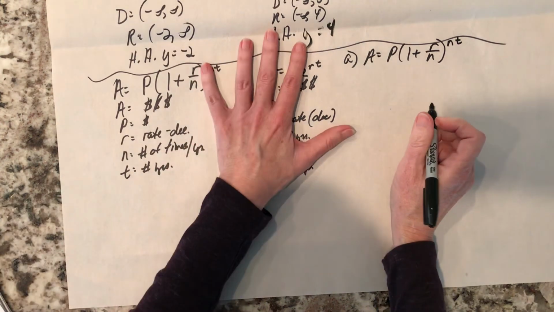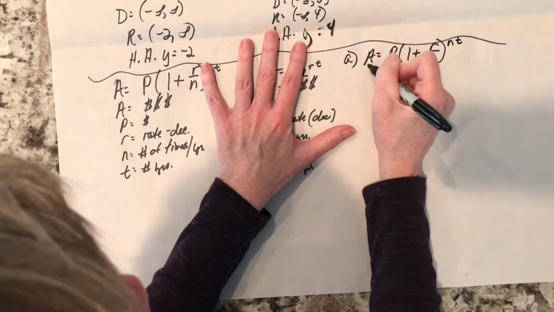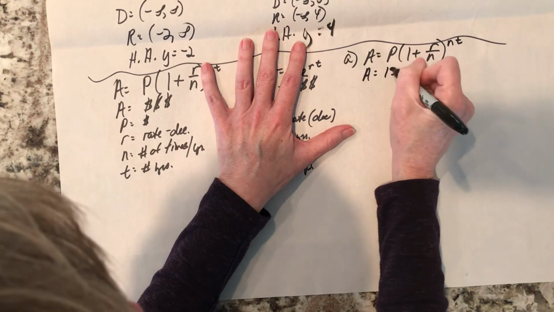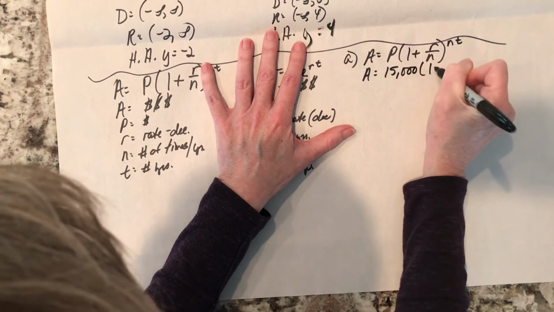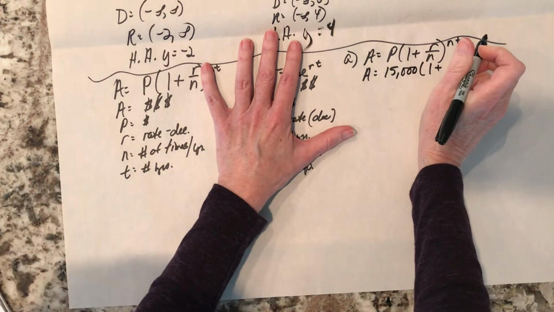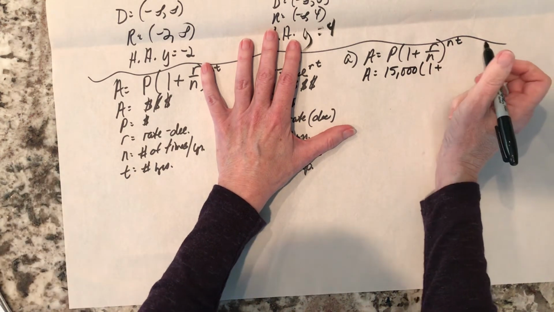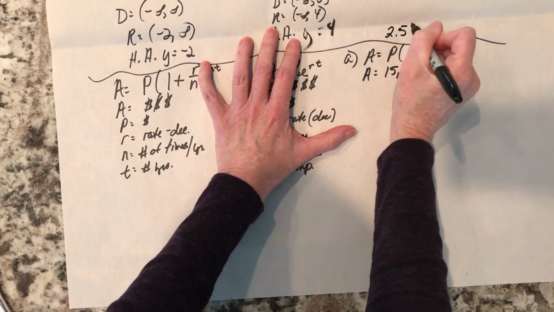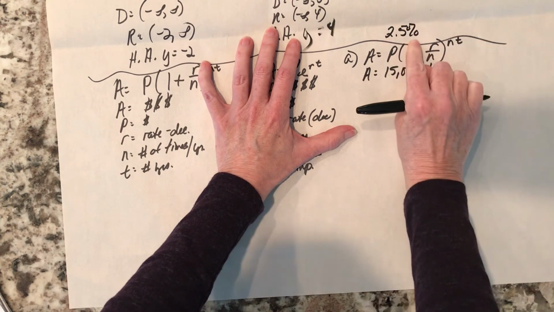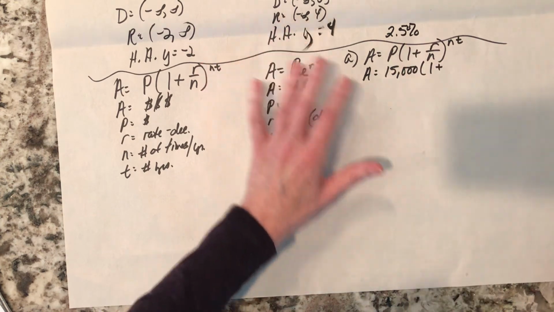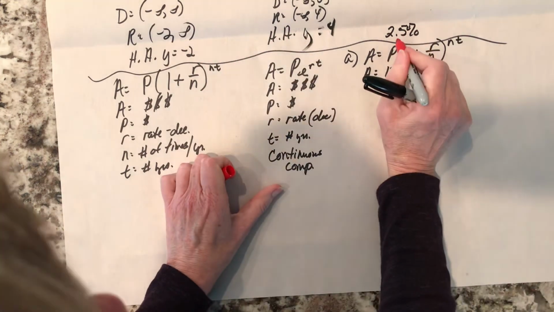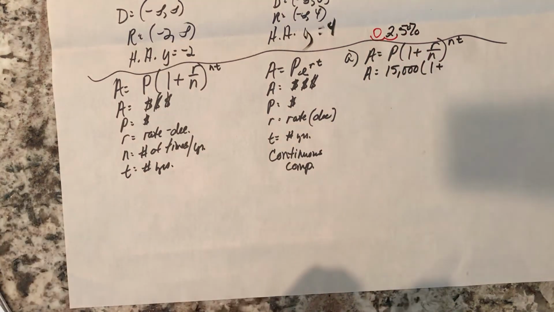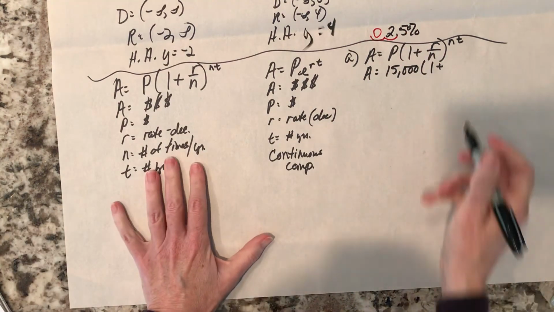Let's plug in what we know. A, we don't know. Principal here is $15,000, (1 plus the rate. You are told the rate is 2.5%. Anytime you're converting from a percent to a decimal, you take the decimal point and move it 2 places to the left. So we're going to get 0.025, and that's what we're going to use.